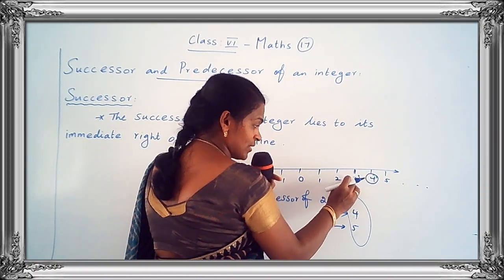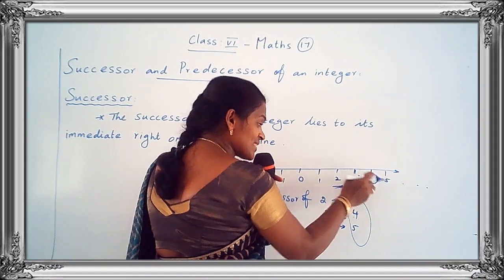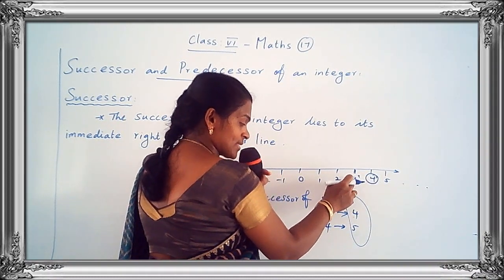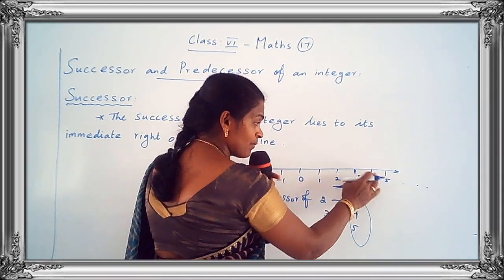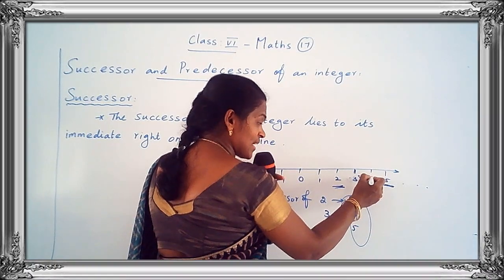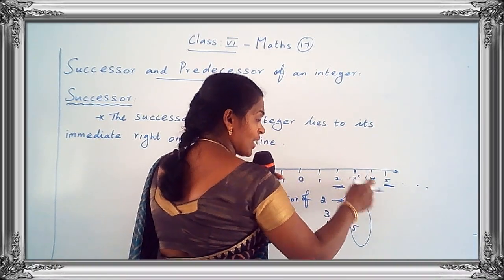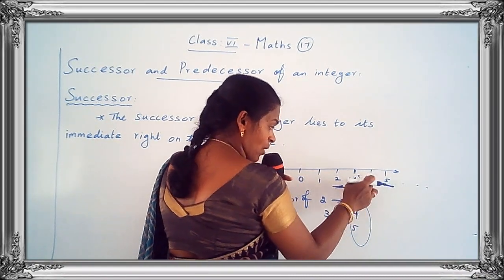So that's why 4 is the successor of 3. Now you say what is the successor of 4? 5 only. So 5 lies on the right side of 4, so that's why 5 is the successor of 4.